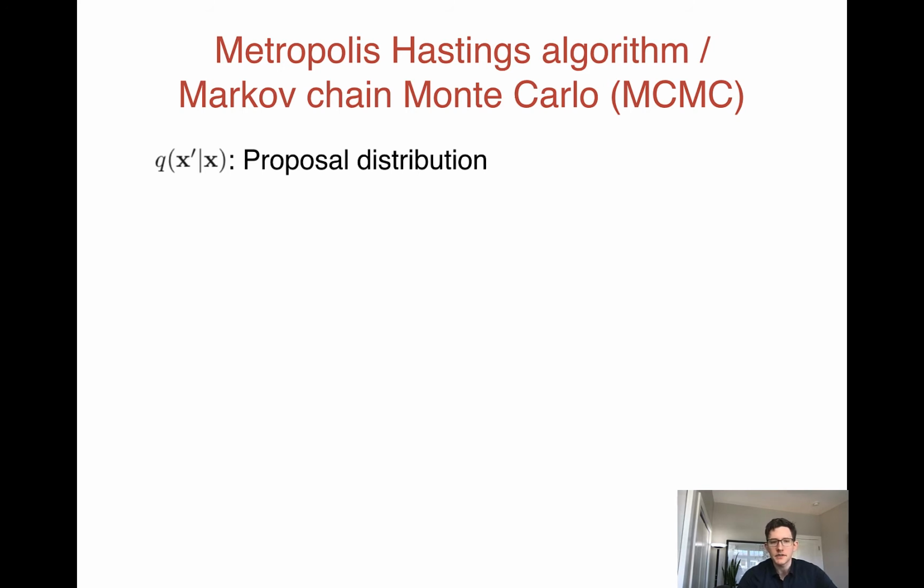Carlo, or MCMC. So this is an algorithm that's quite similar to Gibbs sampling in the sense that we're going to keep generating samples where each sample we generate depends on the previous one. It's also similar to rejection sampling in that we're going to have a proposal distribution, Q of x prime.